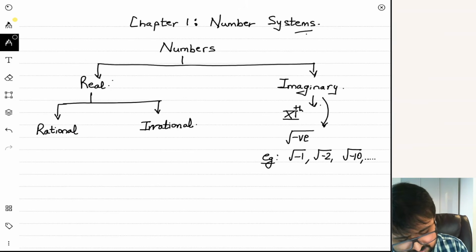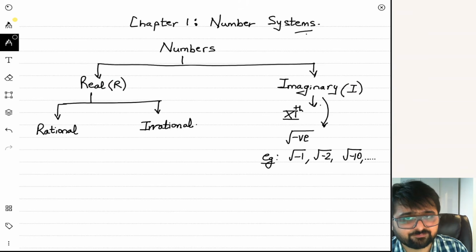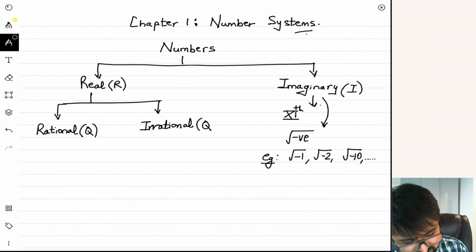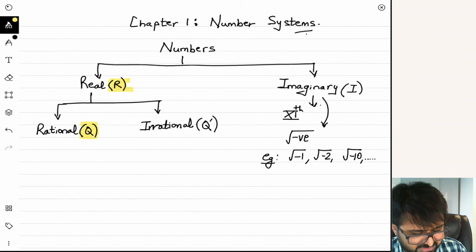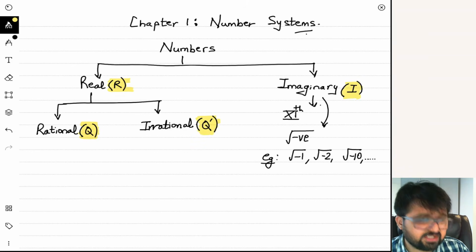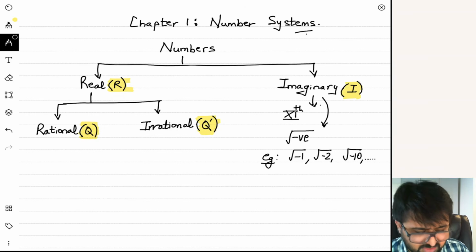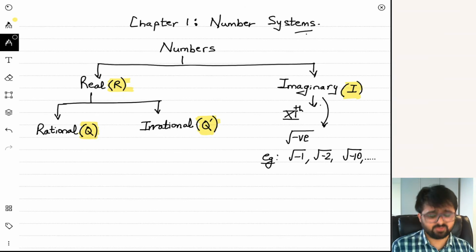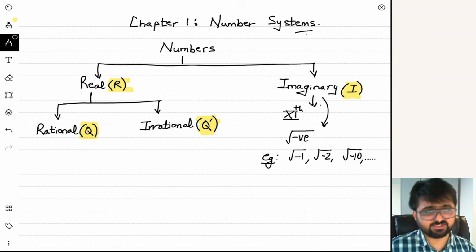I'll also highlight that real numbers are represented with capital R, imaginary numbers are represented with capital I. Rational numbers are represented with capital Q, and irrational numbers are represented with Q dash. Okay, let me highlight those notations. So real numbers are R, rational numbers are Q, irrational numbers are Q dash, and imaginary numbers are I. We'll try to remember those notations or representations as well.